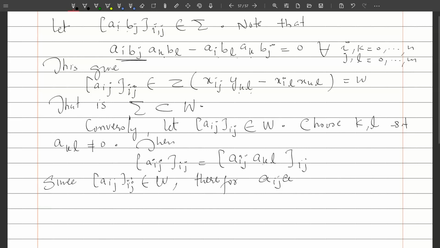this is not y here, this is x here. My bad, this is x here. So this is the ijth coordinate of this vector a_ij, and the klth coordinate minus the ilth coordinate and the kjth coordinate is 0.